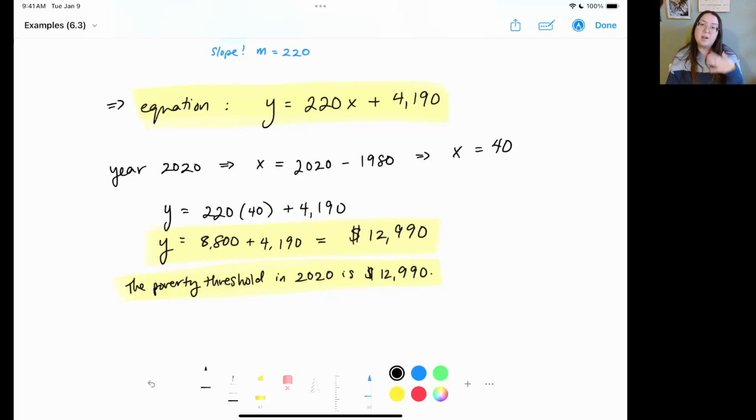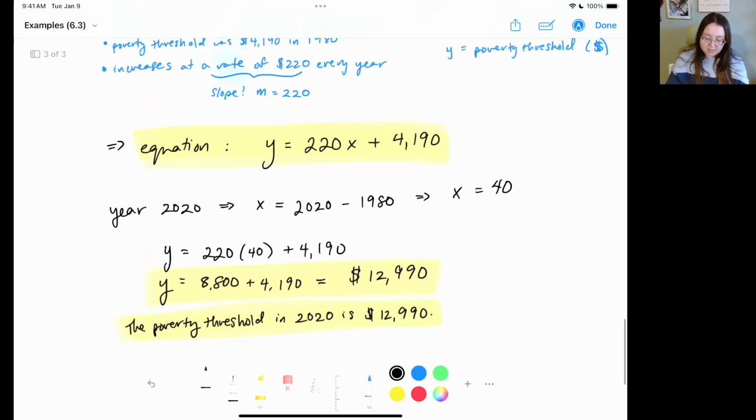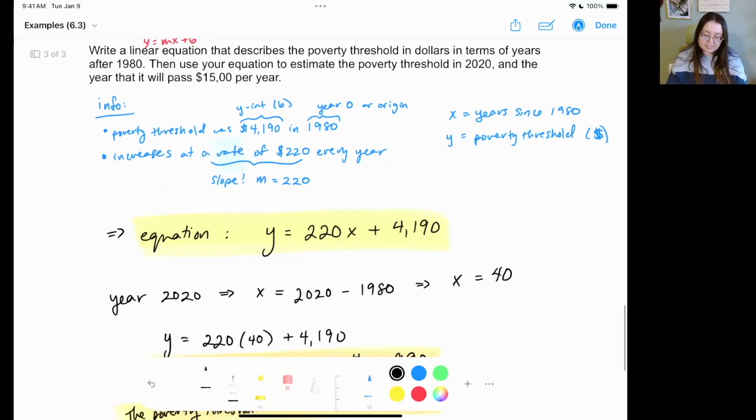Our first part was to find the equation. Our second part was to estimate the value of the poverty threshold in 2020, which was 40 years after 1980. And the third part we're being asked for is to estimate the year that the poverty threshold will pass 15,000.